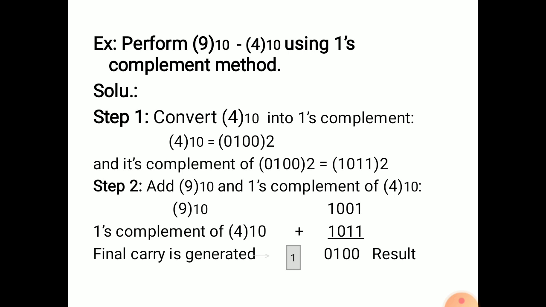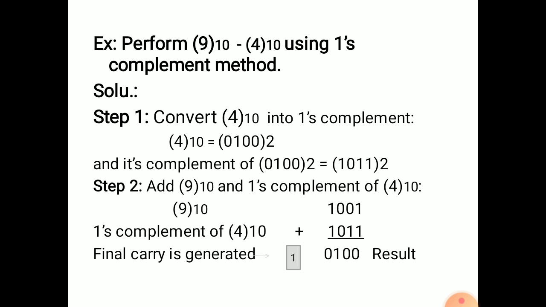First write down the binary equivalent of 4, which is 0, 1, 0, 0, and its 1s complement is 1, 0, 1, 1. Next is step second, add 9 to the base 10 and 1s complement of 4 to the base 10.